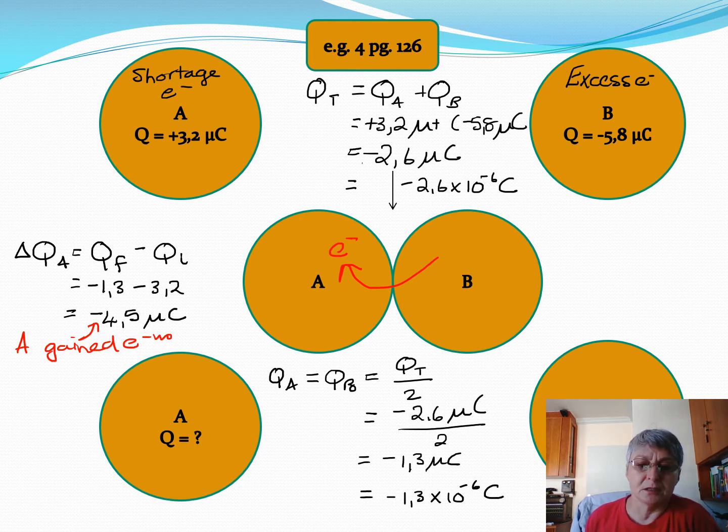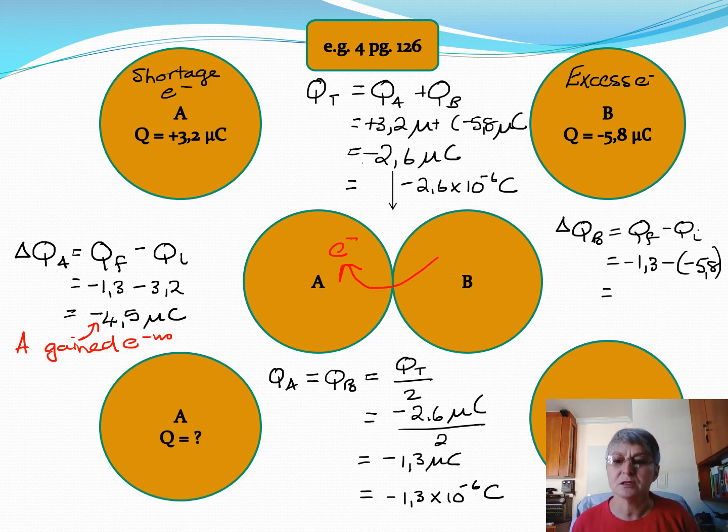So I expect the change in charge on B to be positive 4.5 microcoulombs. So change in charge on B is the final charge on B minus the initial charge on B, which is a negative 1.3 microcoulombs minus a minus 5.8 microcoulombs. So that brings us to a minus 1.3, and technically that's plus 5.8.